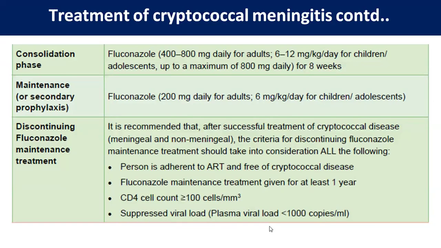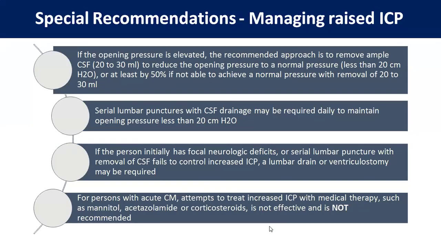Also, it is sometimes discontinued when CD4 count is less than 100. You may have given it for a year, but the CD4 count has not improved, the viral load is more than 1000 copies, and you have stopped fluconazole thinking you have given it for 1 year, which is not ideal. So you have to keep all these considerations in mind and execute the discontinuation phase.